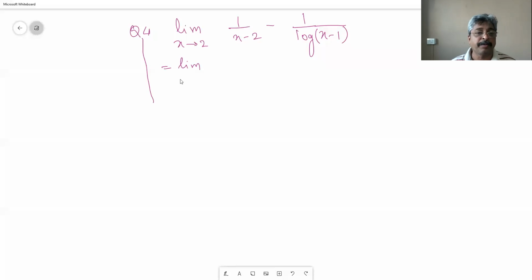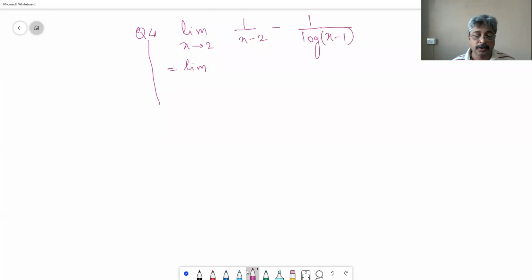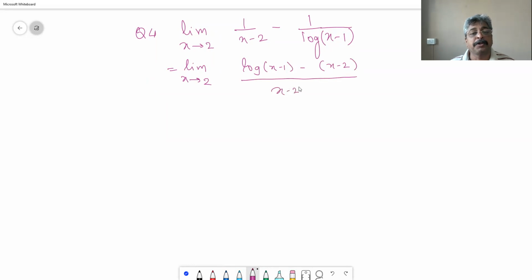Okay, this is equal to limit x tends to 2, cross multiply, log x minus 1 minus (x minus 2) upon (x minus 2) log x minus 1. Now if you substitute 2 here, this is log 1, which is 0, 0 minus 0 is 0, upon 0 into 0, so 0.